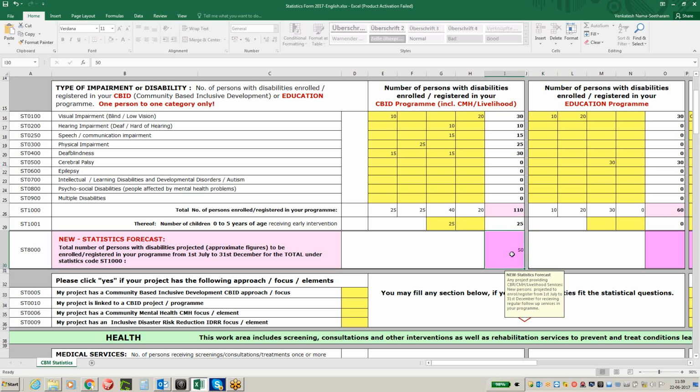This has been given just to know, if we add the projections, because the MAs wanted to know what is the approximate reach in a year.